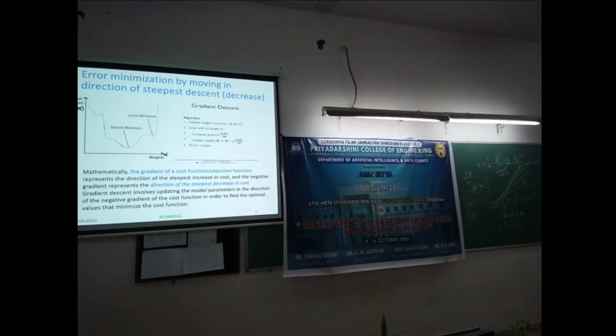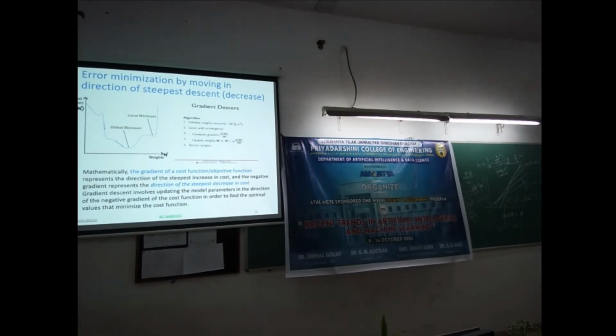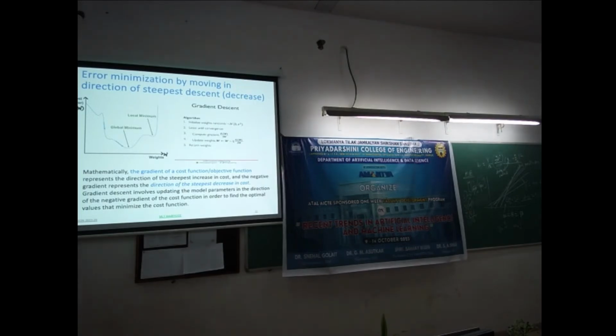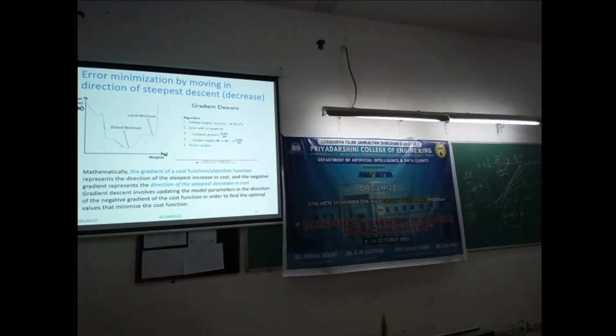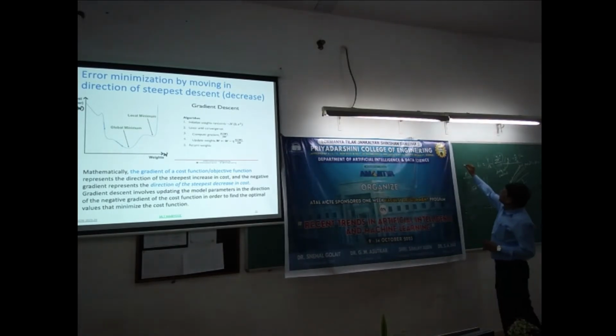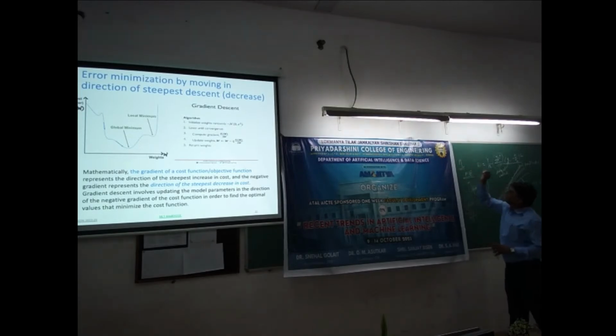Because the gradient, dou J W by dou W, points to the steepest ascent direction, and you want to move in the steepest descent direction. That's why there is a minus symbol there. And what is the importance of the learning constant? This eta is called the learning constant or the learning rate.